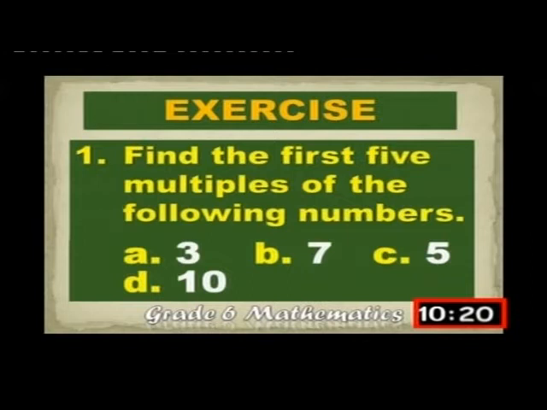What you do is you write down the first 5 multiples, just the first 5. I'll write it down here for you to see.